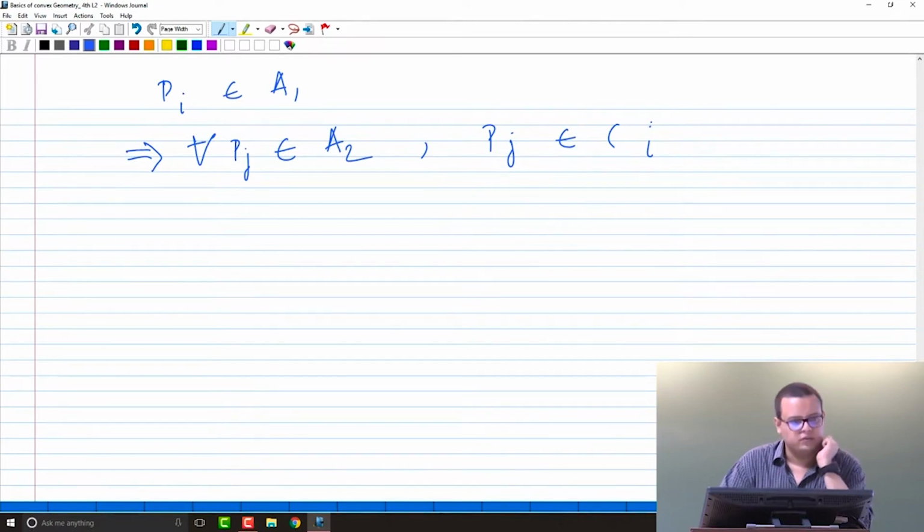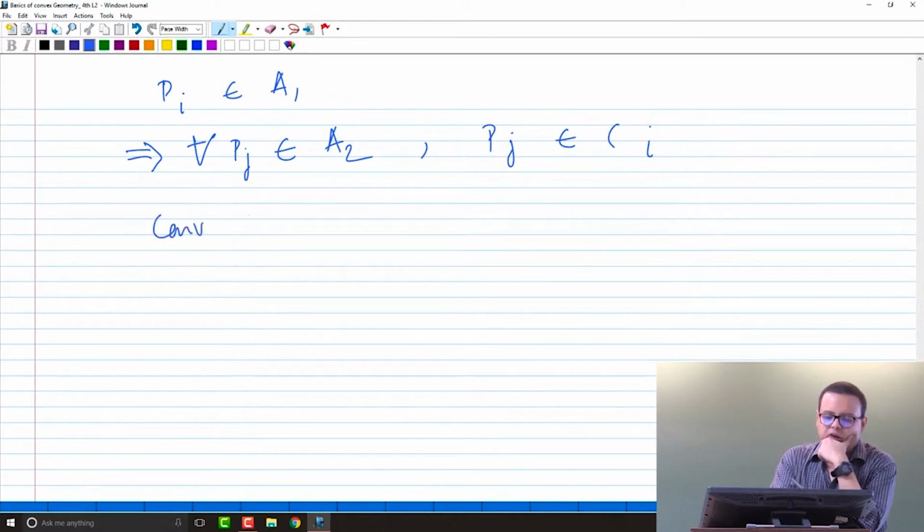What does that mean? You are almost finished with the proof. See, convex. So, this means the convex hull of A2 is a subset of Ci.